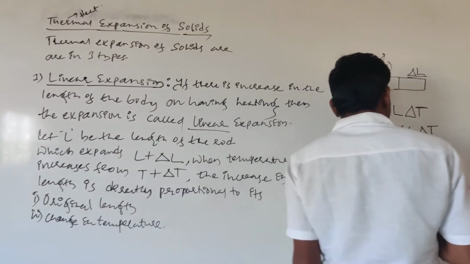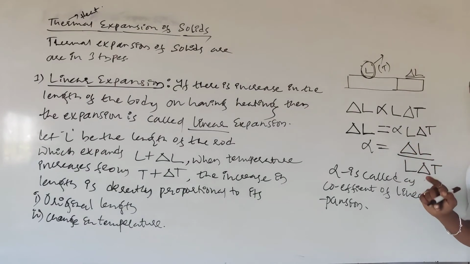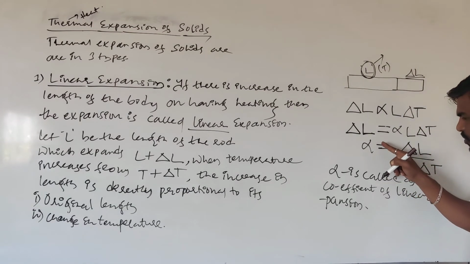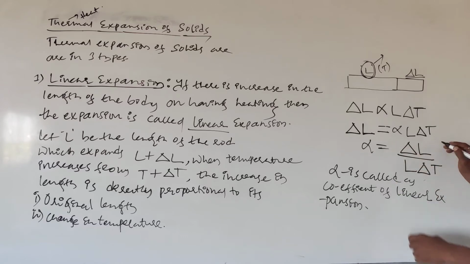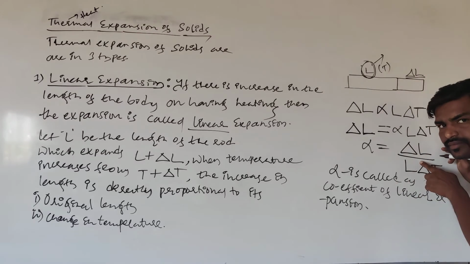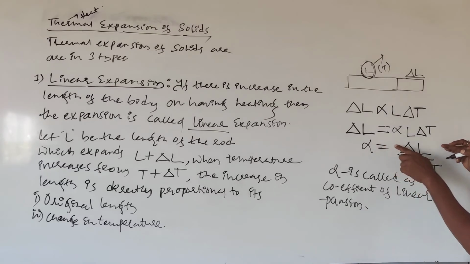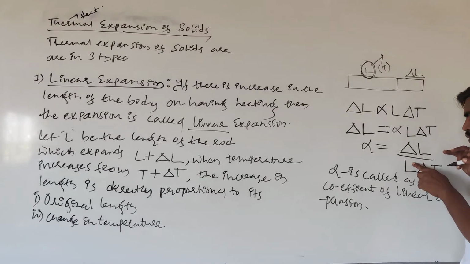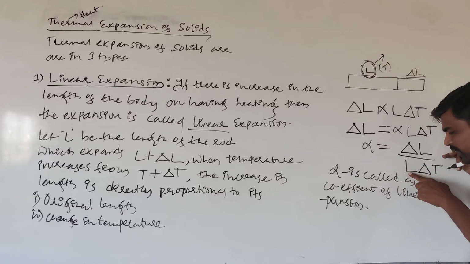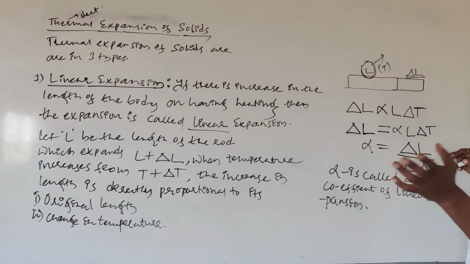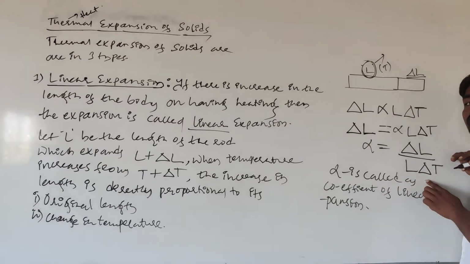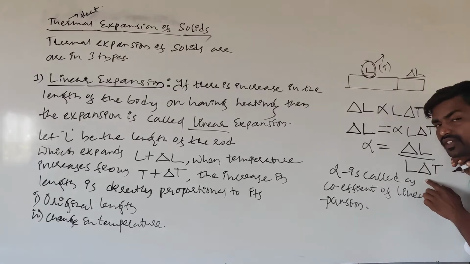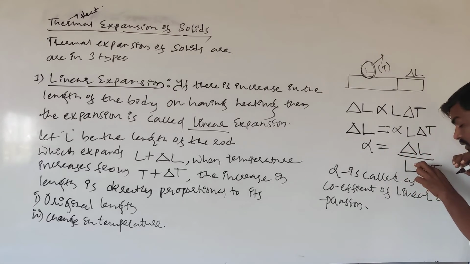See here, this is the linear expansion definition. I am going to write here: linear expansion is defined as the ratio of the change in length per unit original length, and the change in degree Celsius, or the change in temperature.